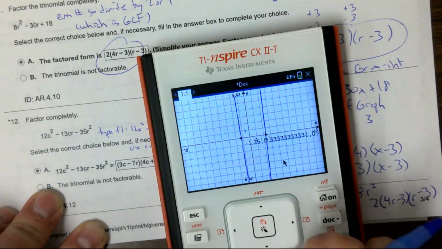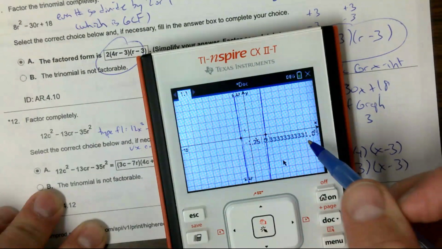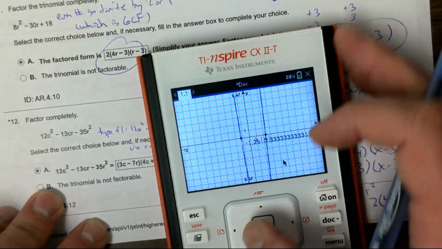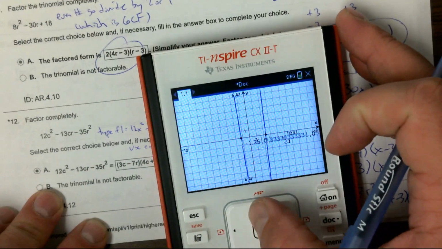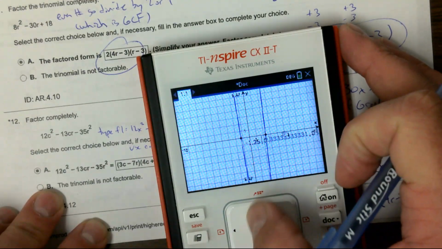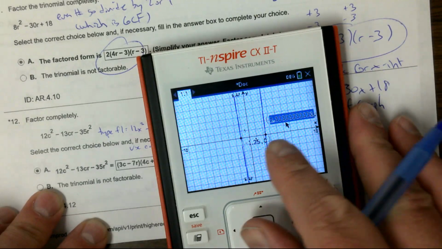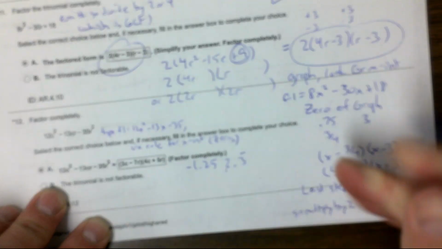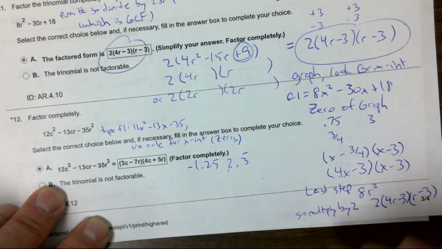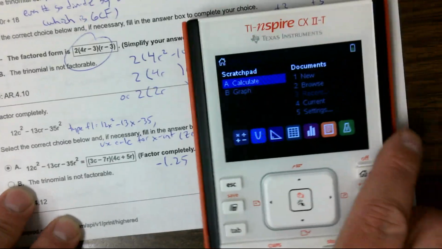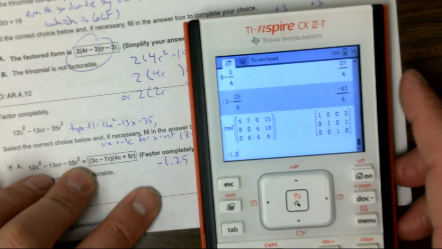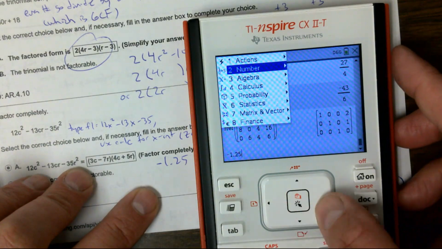Now, notice there is a 1 at the very end of here, but it's so many 3's, so we don't care. But I do need to move it up because there might be a number in front of that. Yeah, it should be. This is 2.3 repeat. Now, how we convert those to fractions is go to the calculate part, do negative 1.25, menu, number, fraction.